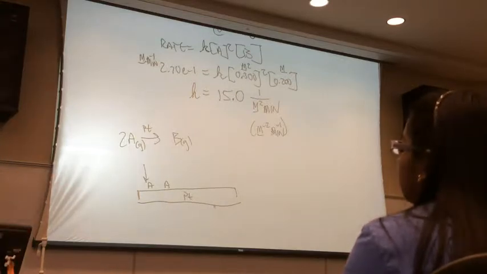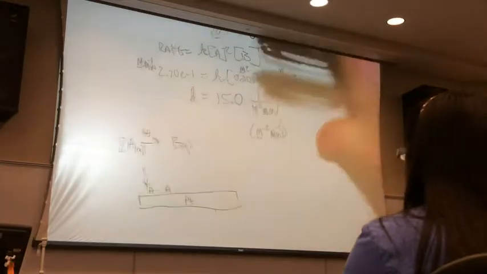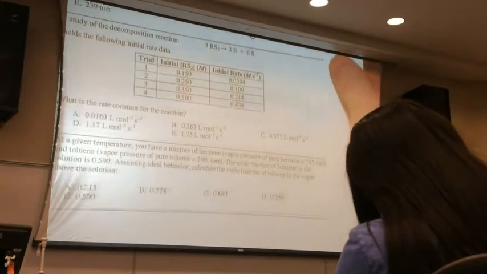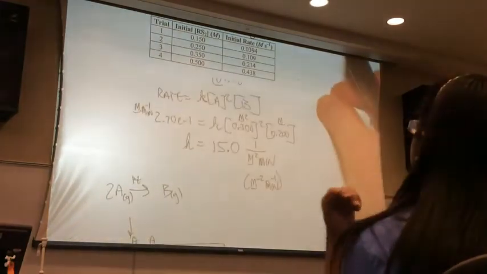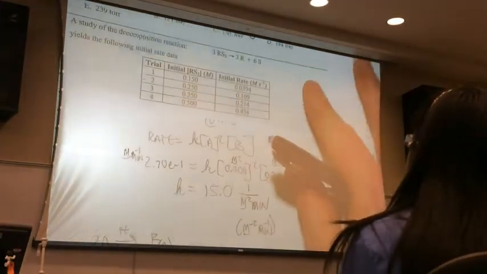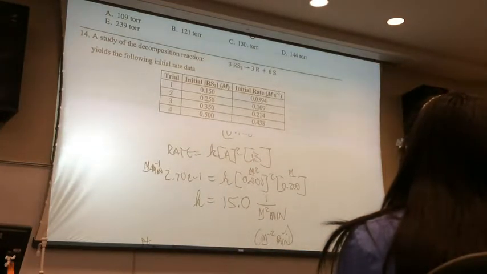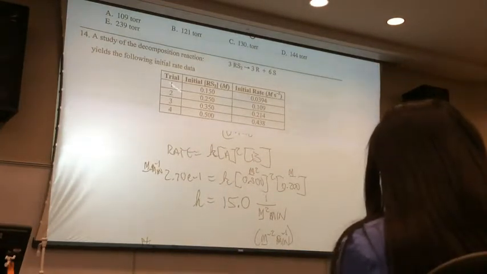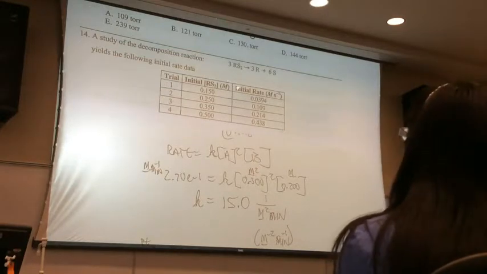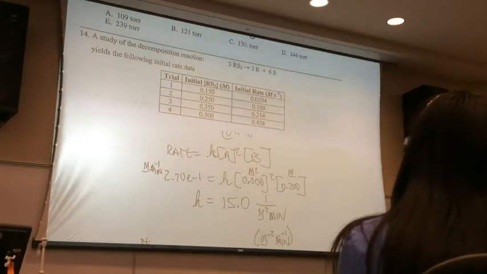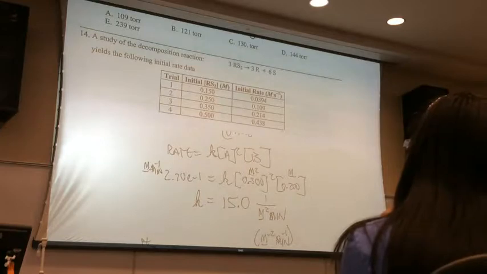All right, problem 14. Oh, another table. All right. Decomposition reaction. So I've got this reaction here. Here's initial rate data. So initial concentrations, initial rates. All right.